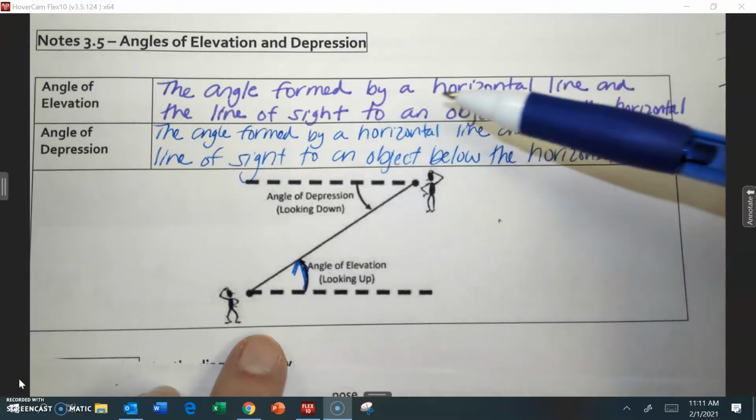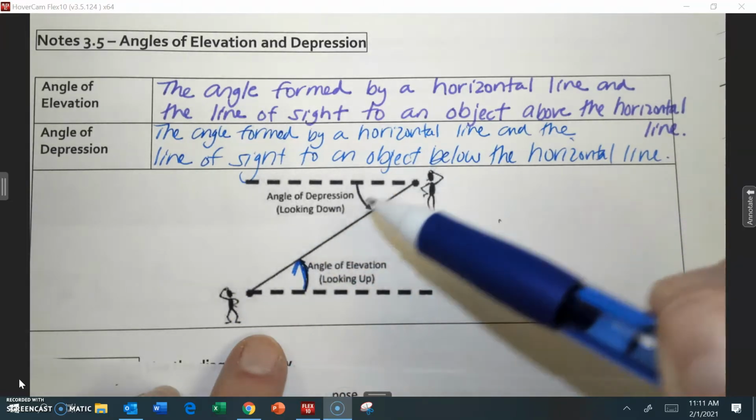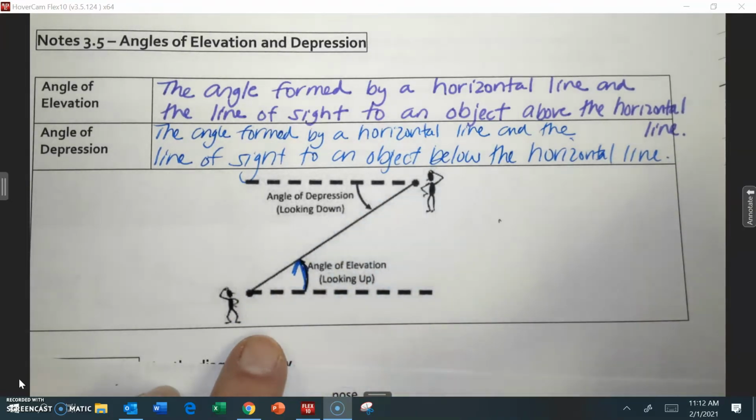So, and you can go ahead and copy down what I have in purple, but it's the angle formed by a horizontal line and the line of sight, which is right here, to an object above this line.